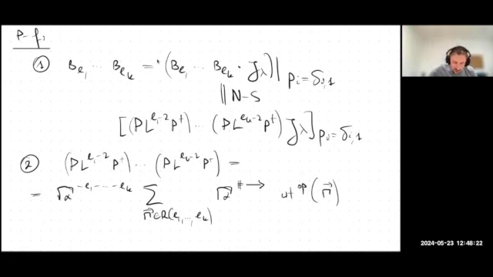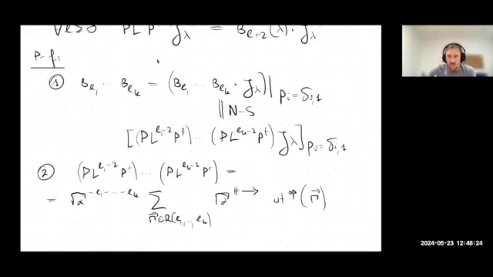Actually, this is not complicated. So what you should do, you should think about the definition of this PL to some power times P dagger. So you need to multiply a matrix several times by itself, and then you just try to write what is an element of such a multiplication, and this has a straightforward interpretation of paths.